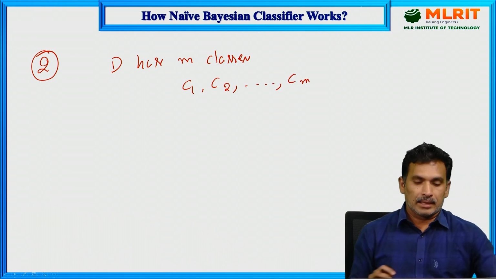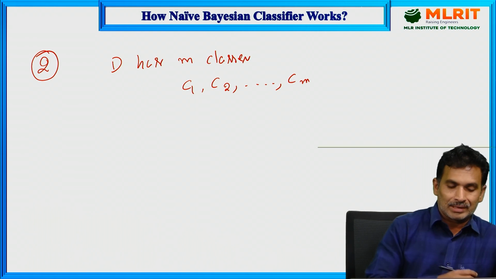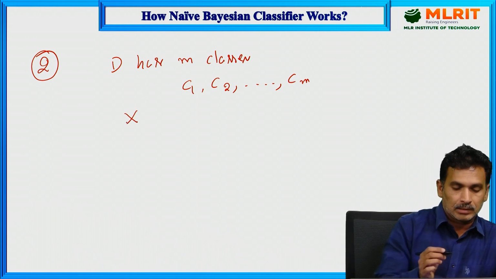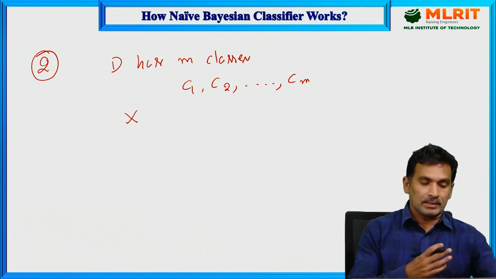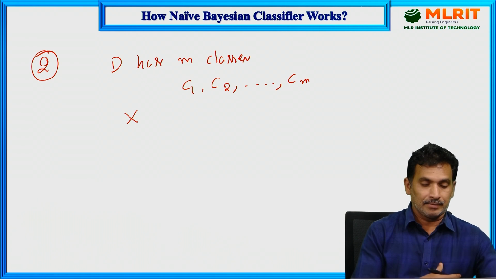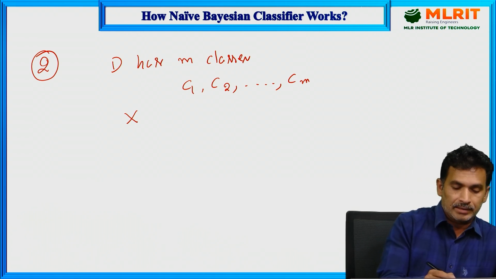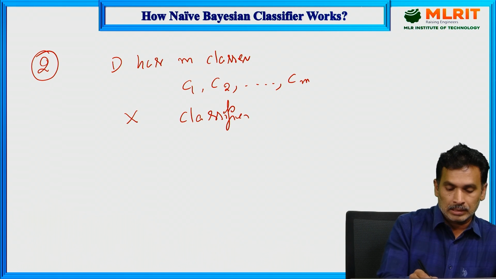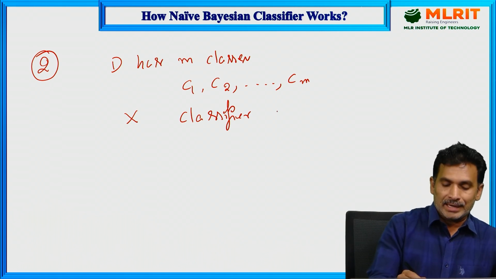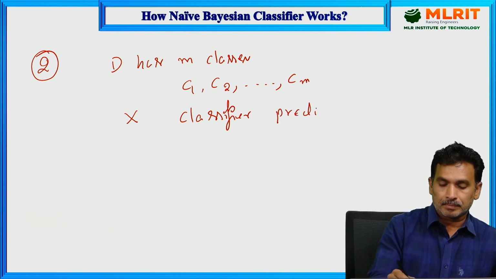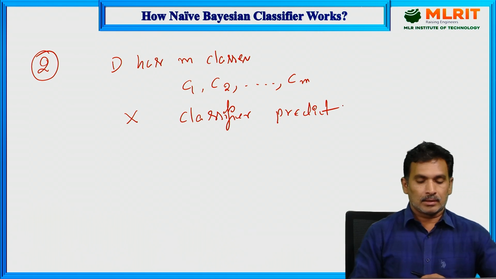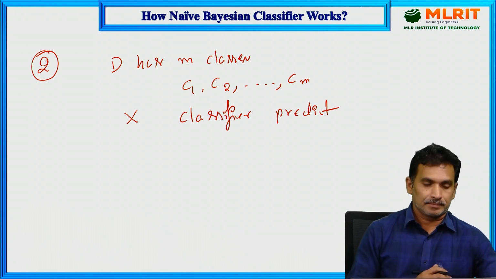There are m classes. Given a tuple X that belongs to the data set D, the classifier would predict the class label of X.